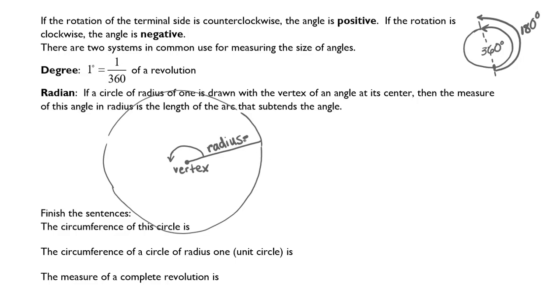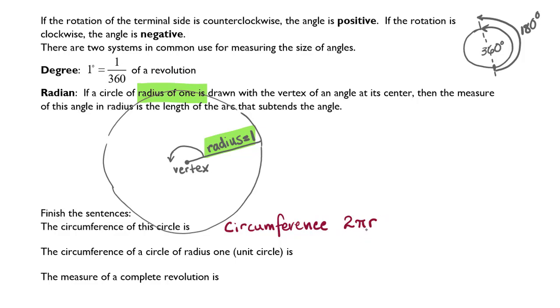Now, if our radius is 1, as it says right here, then what is the circumference of this circle? Well, we know that the circumference of a circle is 2 times pi times the radius.